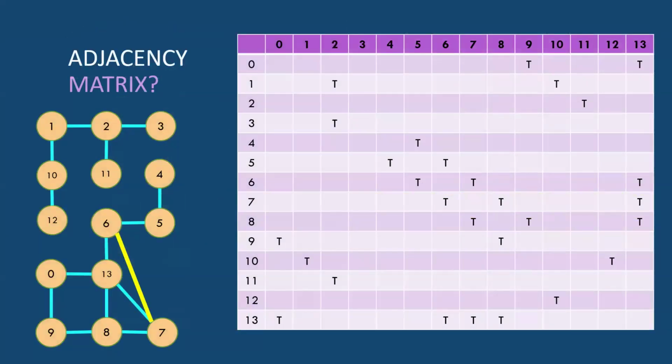Another one, and this is actually used in a variety of applications, is an adjacency matrix. So here we can say, for every crossing point, 6 and 7. If I look at 6, I can see by going across the rows who I'm connected to.